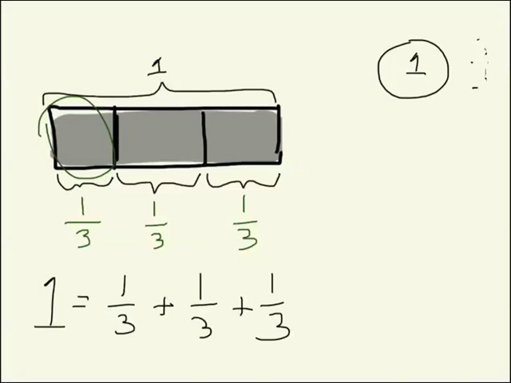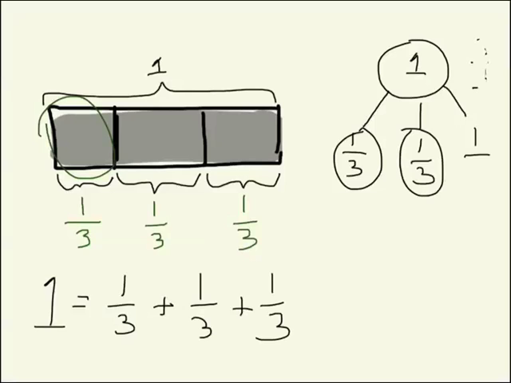So my 1, I can break it into 1/3, 1/3, 1/3. So if I combine my 1/3 plus 1/3 equals 2/3, plus 1 more third equals 3/3, or the whole.